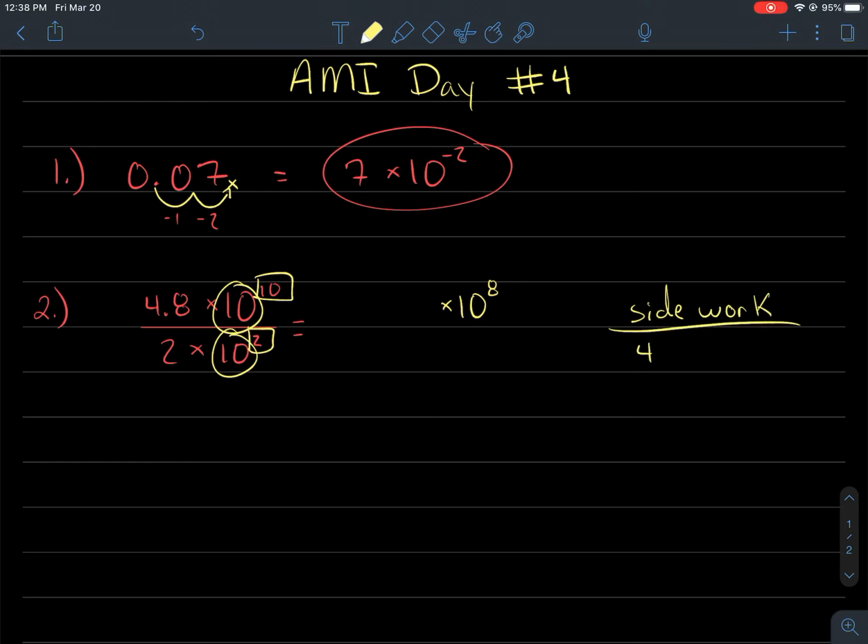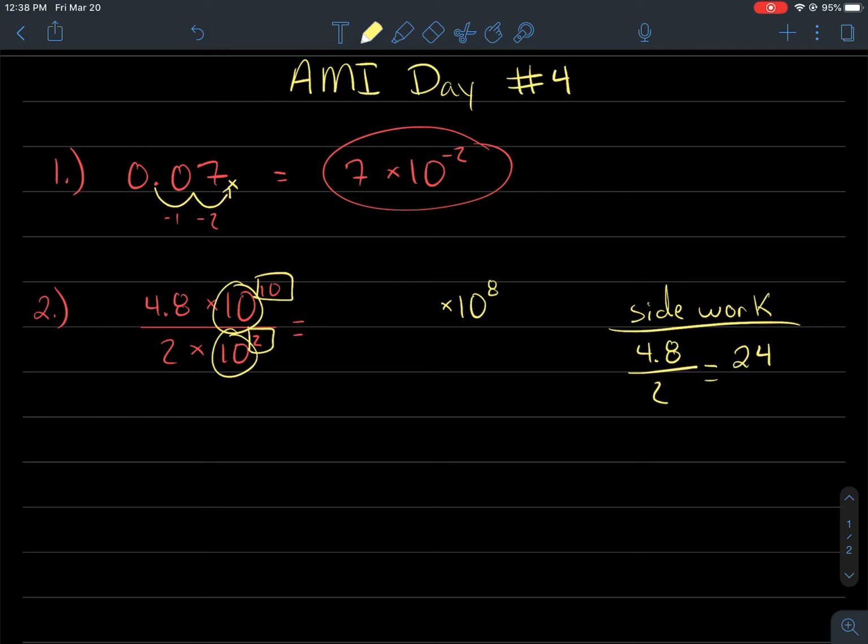We need to do 4.8 divided by 2. Well, you'll probably hear one of my dogs in the background, just ignore that. So we have 4.8 divided by 2. Ignore the decimal and just do 2 goes into 48 how many times? It comes out to be 24. Now, how many decimal places was the top number?